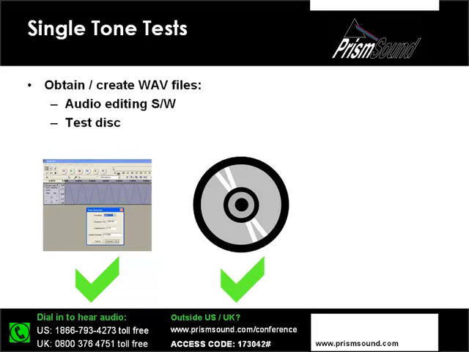Test discs, these usually come from fairly reputable sources, and you should be fairly confident that the test tones on your test disc, which will almost certainly include some sinusoids, should have been generated with some care, and you can be reasonably confident that the test tones there are fit for purpose.